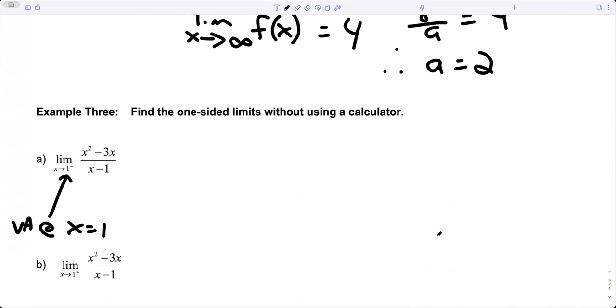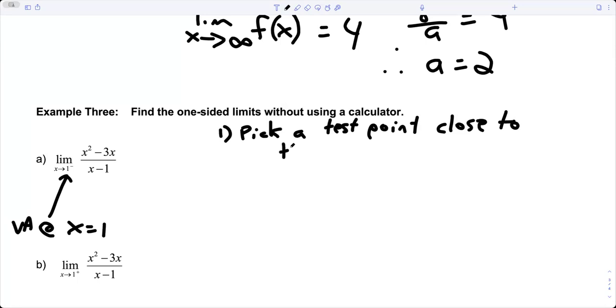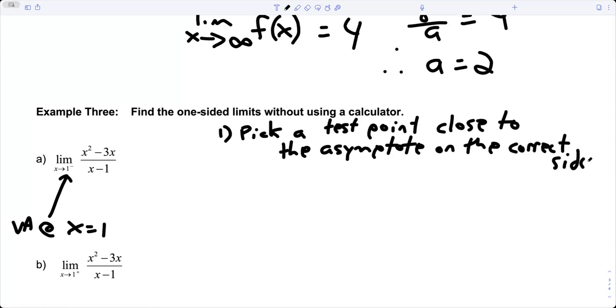Well, how do you decide which one it is? This is how. Number one, pick a test point close to the asymptote on the correct side. I'll explain what I mean by that in just a second.